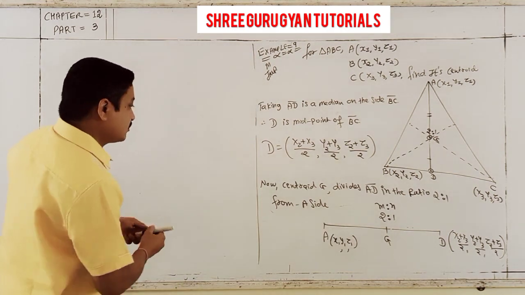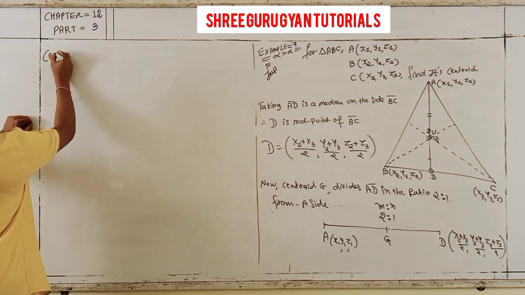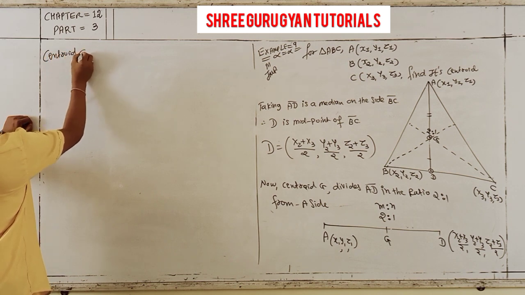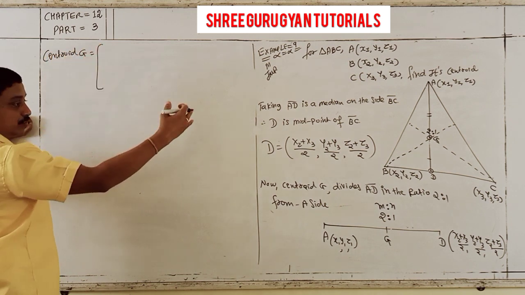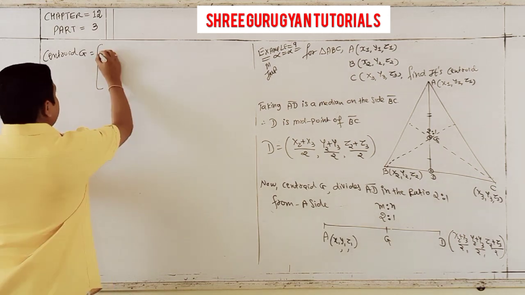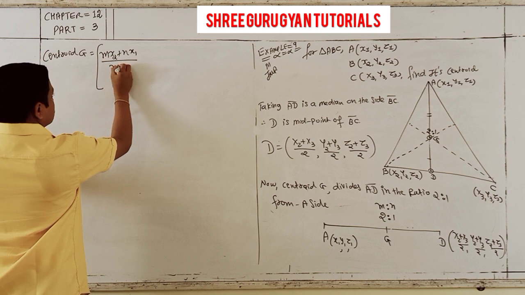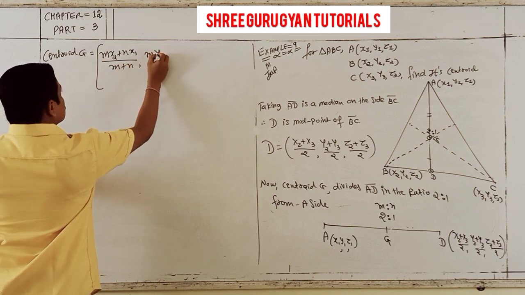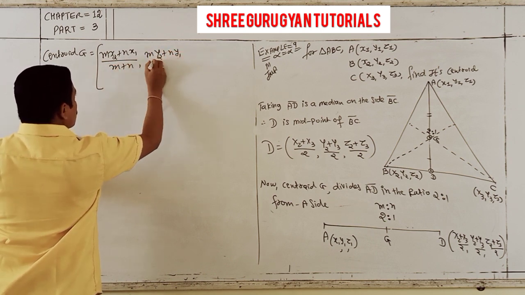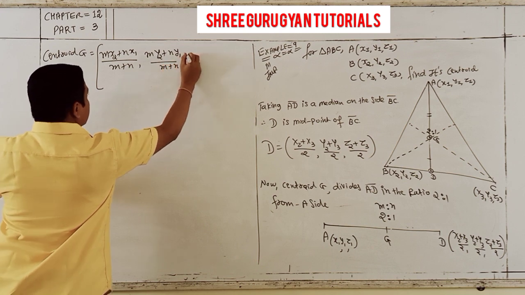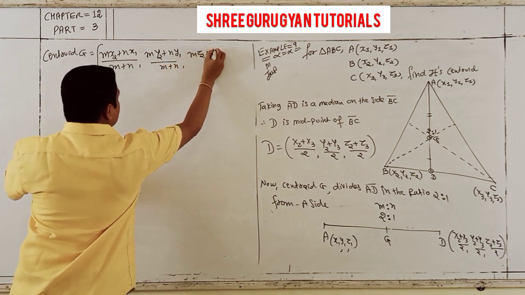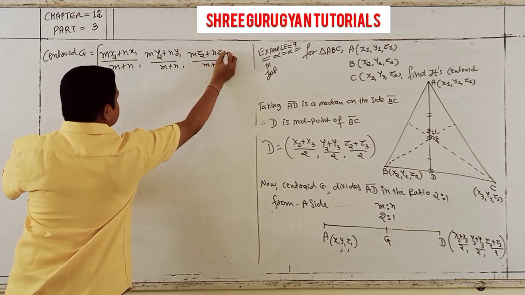Therefore, centroid G, with 2:1, I go to the formula: mx2 plus nx1 by m plus n, my2 plus ny1 by m plus n, mz2 plus nz1 by m plus n.